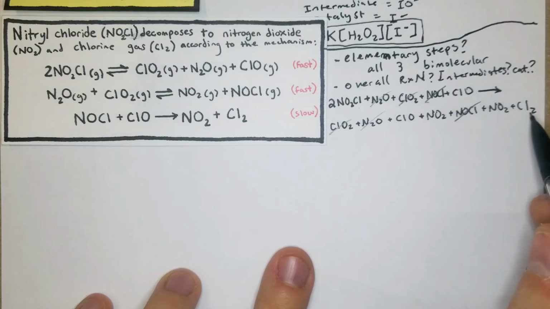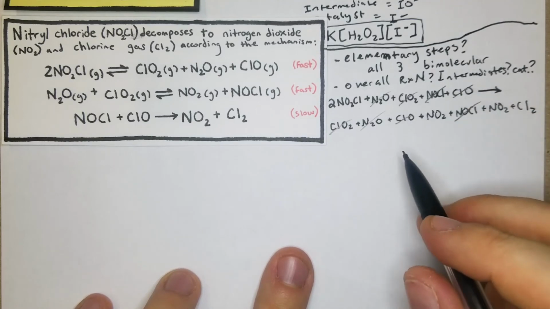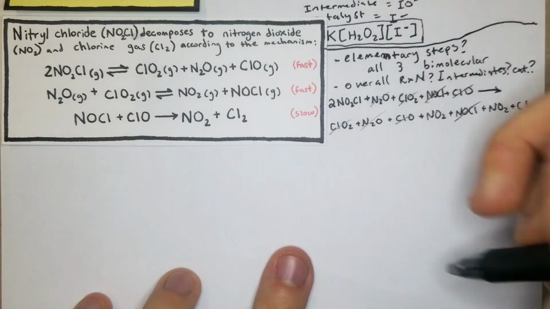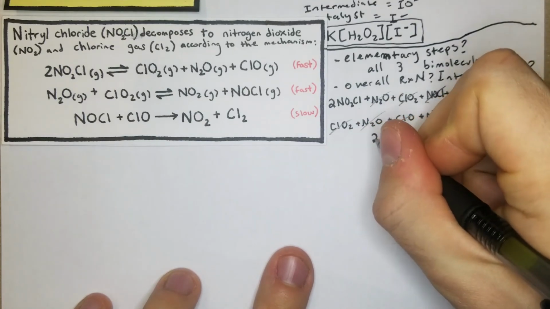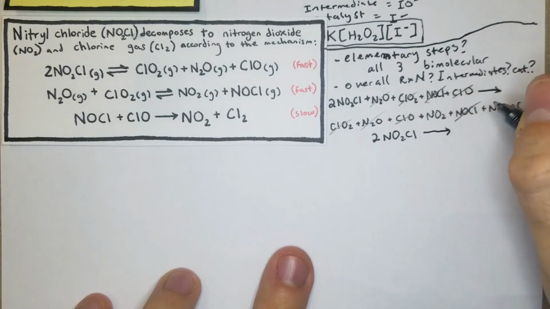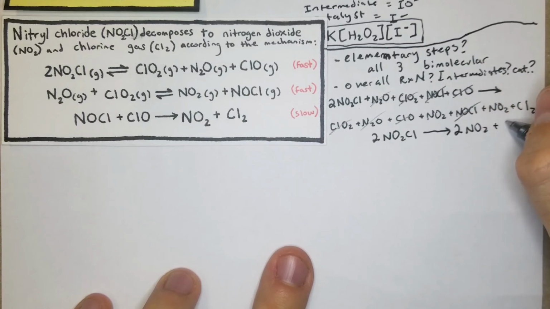We have the ClO. So finally, we're left with just these. So here we have our 2 NO2Cl yielding the only things that aren't canceled out, 2 NO2 plus Cl2.